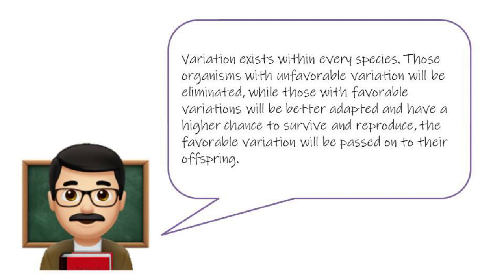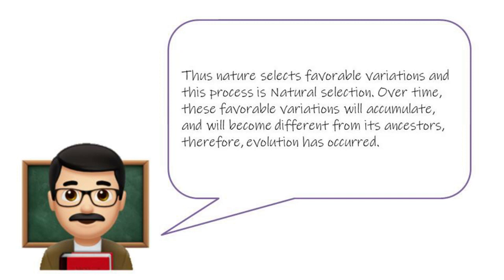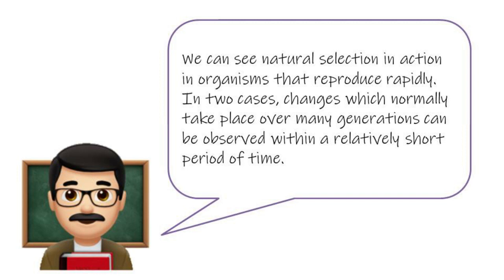The favorable variation will be passed on to their offspring. Thus, nature selects favorable variations, and this process is natural selection. Over time, these favorable variations will accumulate and the organisms will become different from their ancestors. Therefore, evolution has occurred.